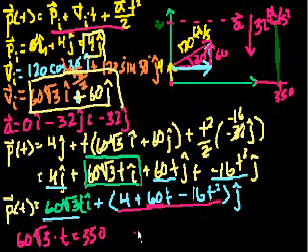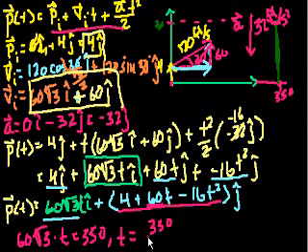Let me get the calculator out. Time has to equal 350 over 60 square roots of 3. So let's see what we can do.